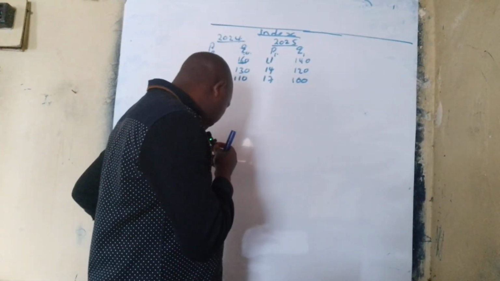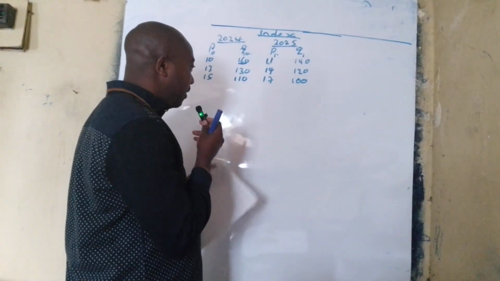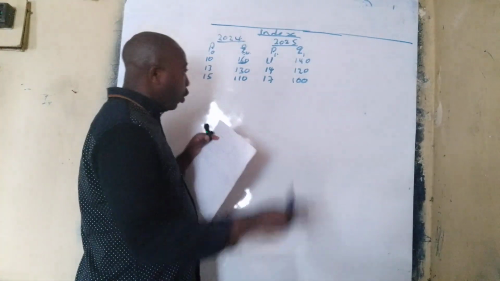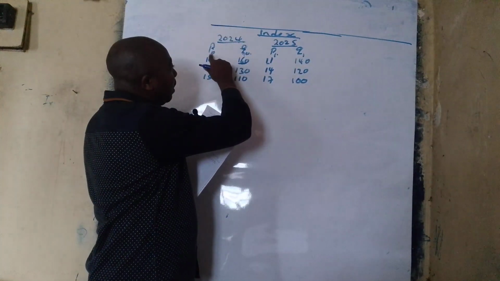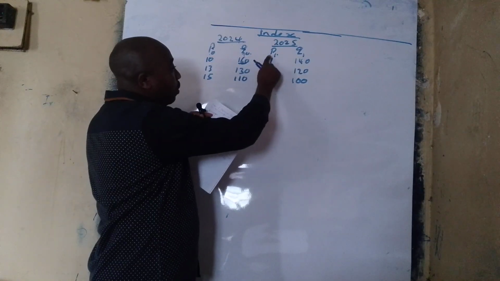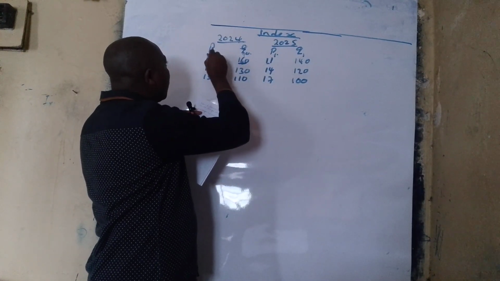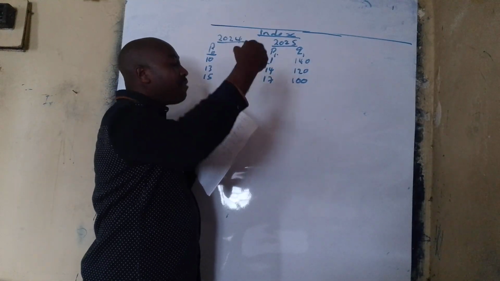One of them is called the Laspeyres price index. I hope you have written this. These are the prices and quantities. Someone may ask, what is P0? P0 means price for the base year, for last year.